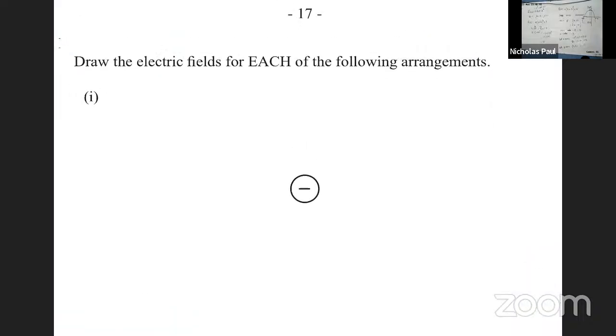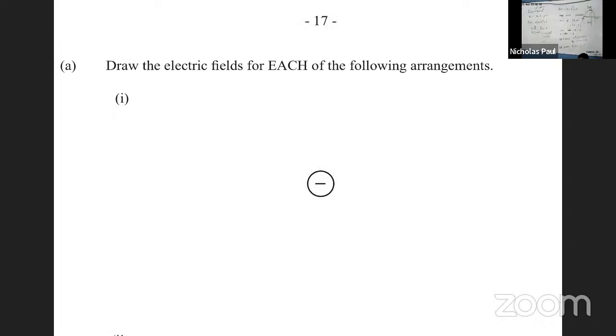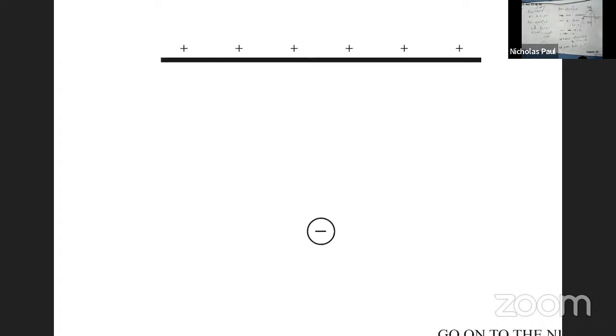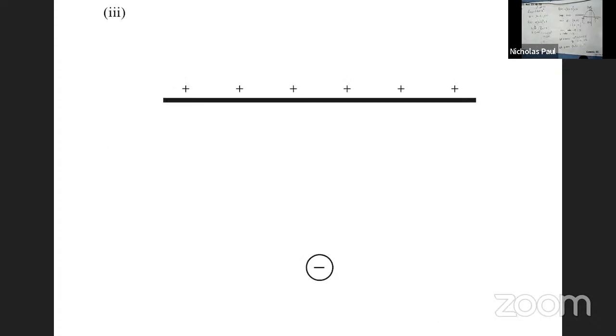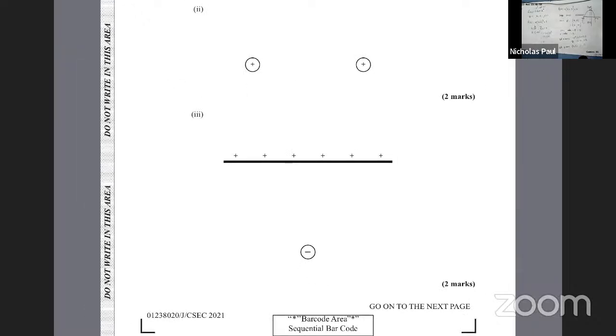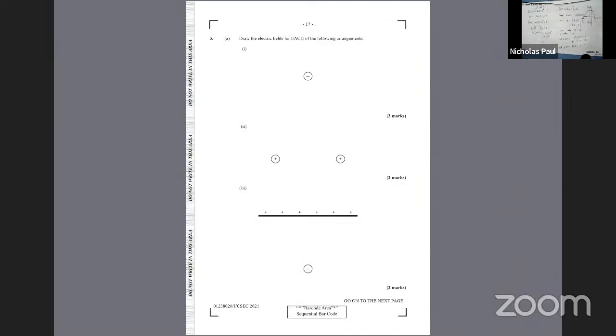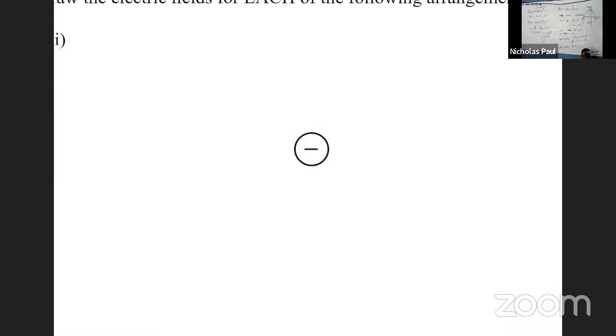Draw the electric fields around each one. Hurry up. What kind of charge is that? Negative. Draw the electric field around it. Negative, positive, positive. Two plates here. Hurry up, start with negative. Draw the electric field, right? Do electric fields move towards the negative or away? Towards.